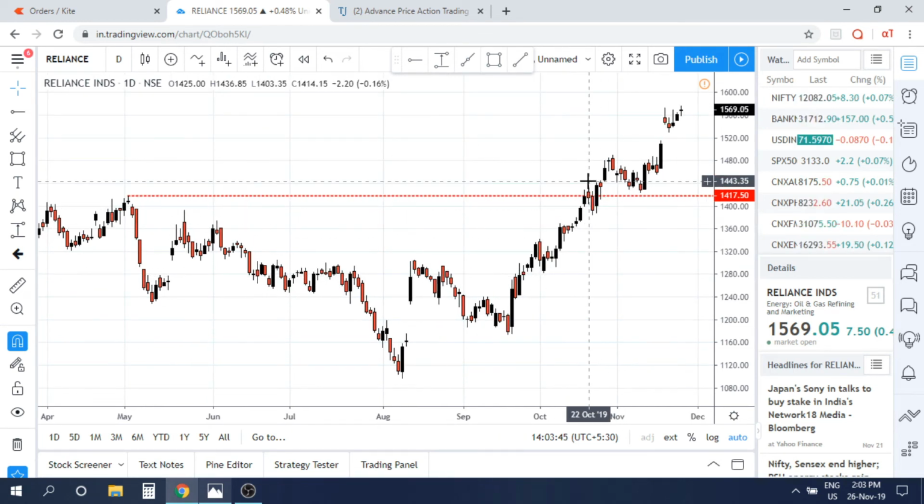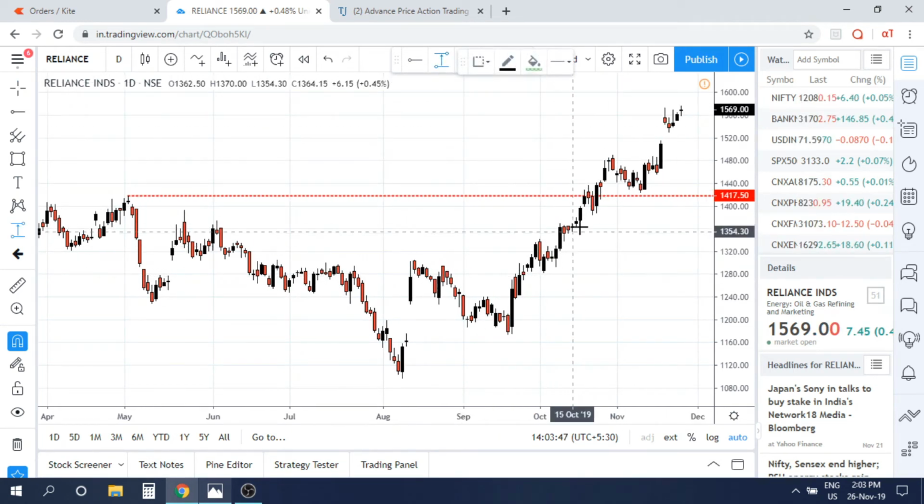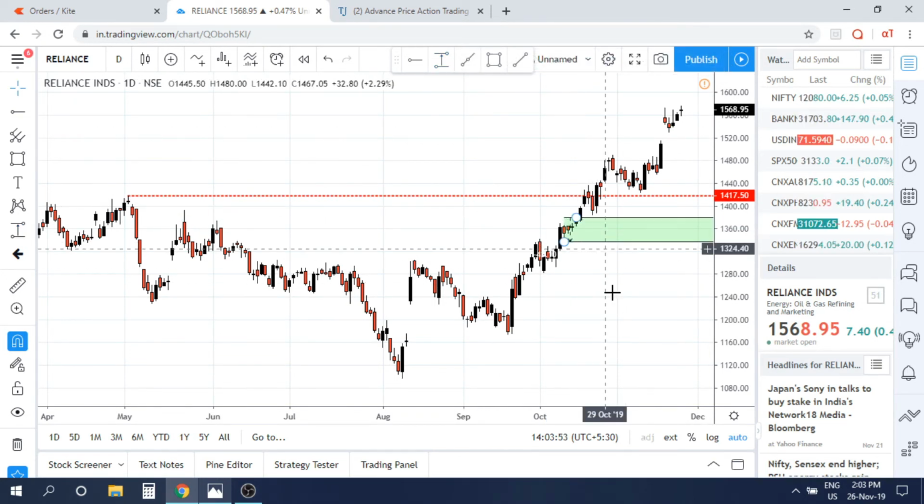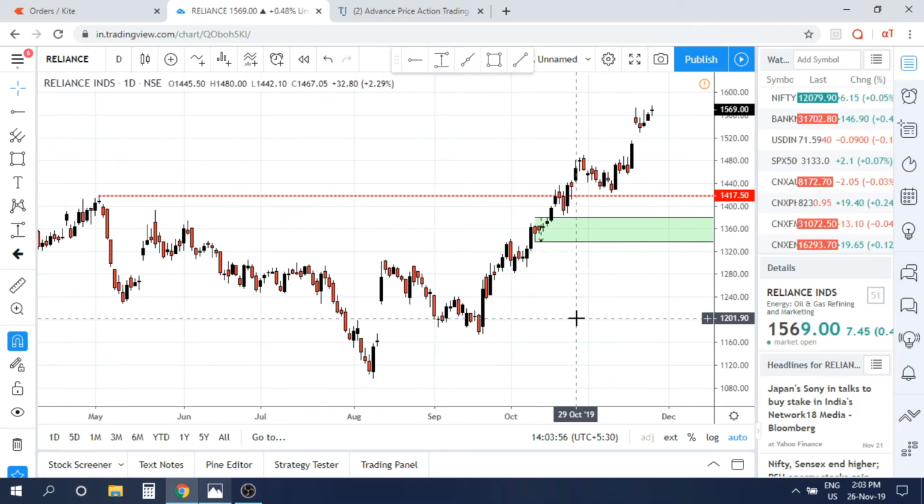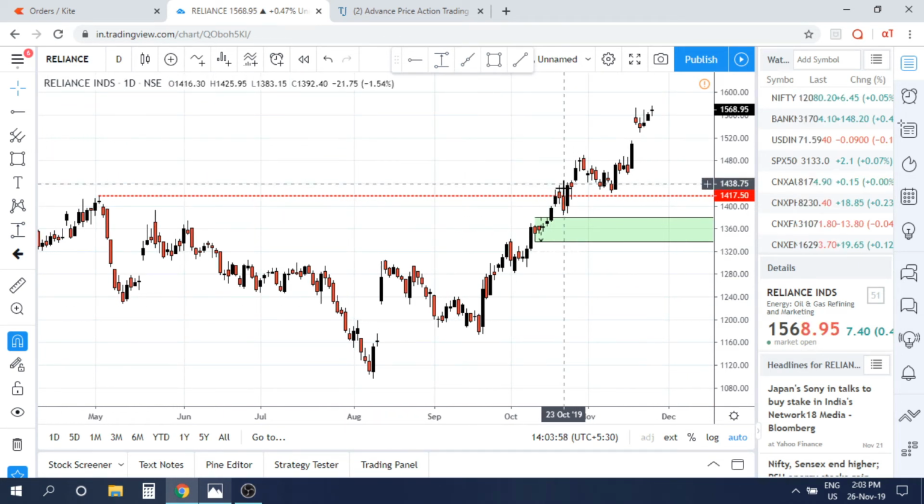So this was engulfed. The POI zone was this one. It's not touched yet. And engulfed, then reversed, and then continued and broke this one.